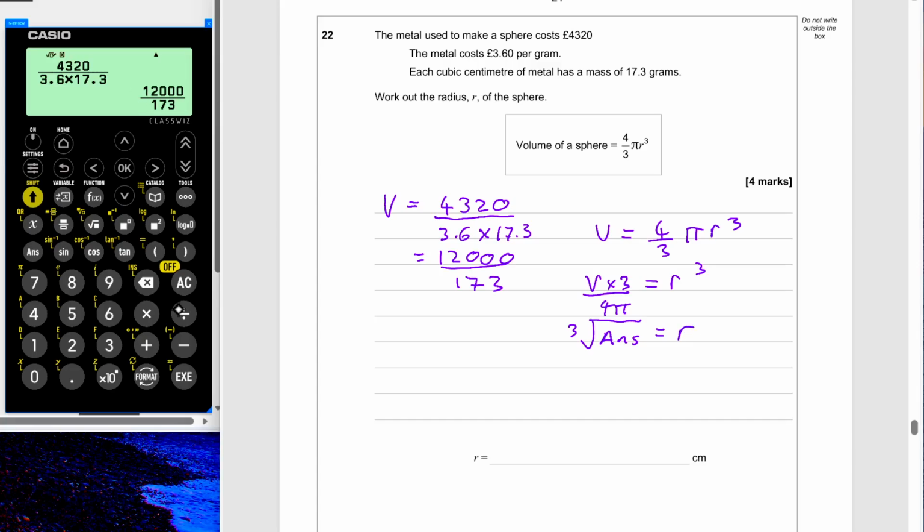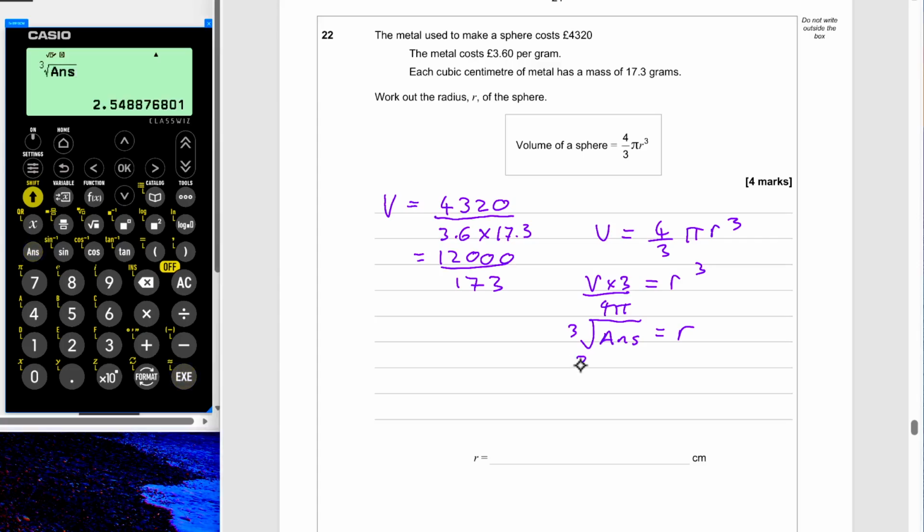We're going to times that by 3 over 4 pi. The pi button on here is shift pi. And we want to cube root that. Have we got cube root here? Got square root, so we're going to shift, cube root my answer.